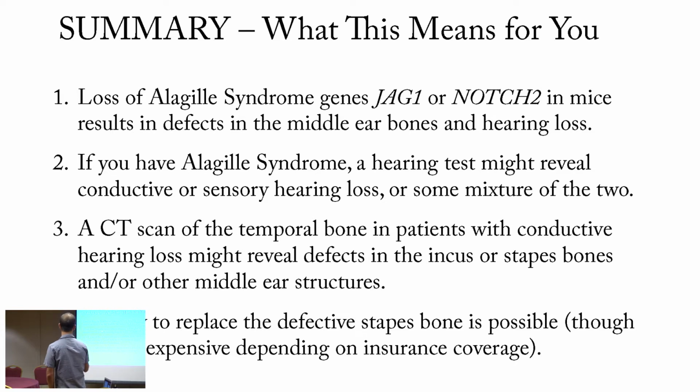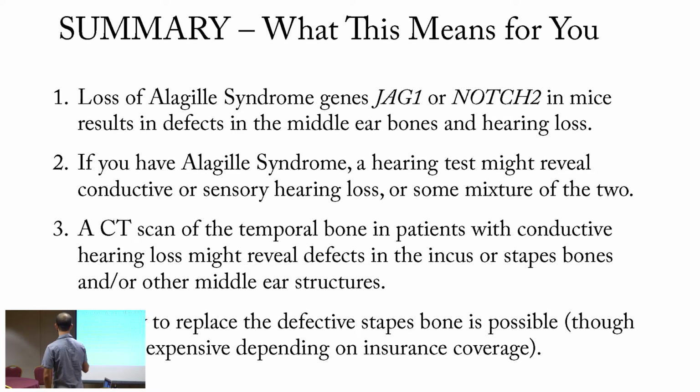And then if you have Alagille syndrome, a hearing test might reveal either conductive or sensory hearing loss, or some mixture of the two. And the CT scan may or may not reveal defects in the incus or stapes bones. And I think the somewhat encouraging thing is that if it is a structural defect, the structural defects tend to be easier to correct than the neural defects.